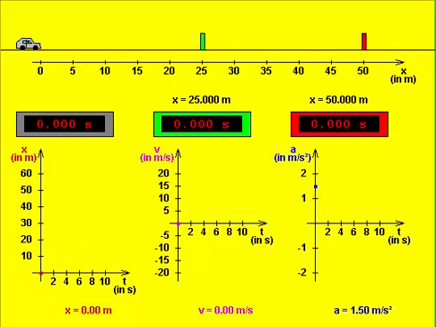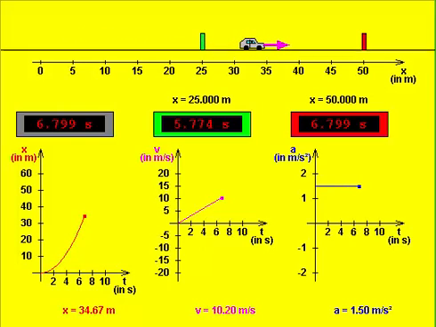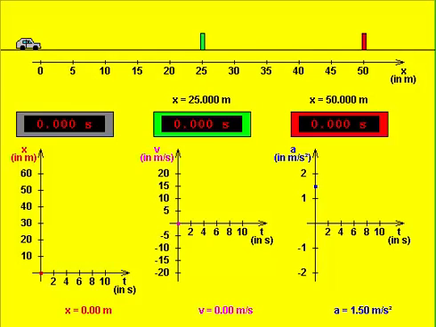Let's reset it. We'll go for the fifth trial. All right, measure the velocity and time. Let's reset it. Let's go for the next trial. Is that the sixth one? Let's start it.